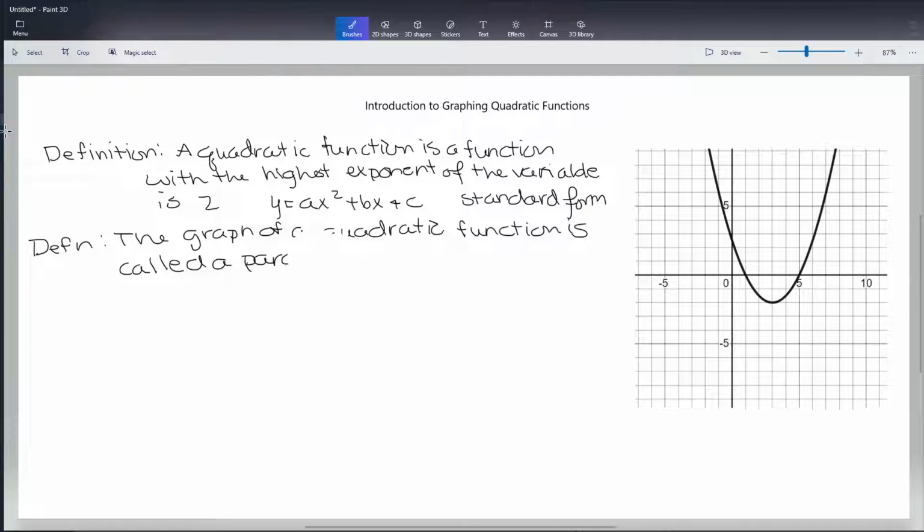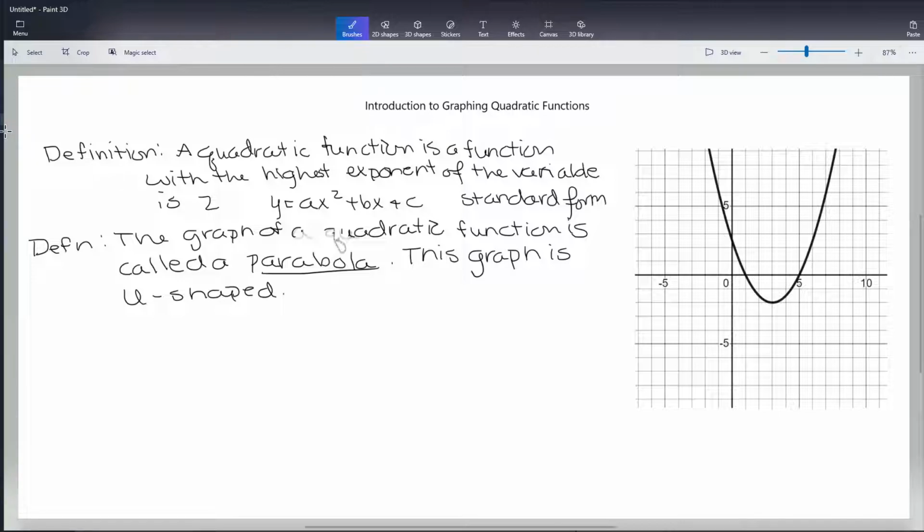So the function itself is called a quadratic, right? And then the graph is called a parabola. This graph has a U shape, and you can see the general example of that shape over here to the right.